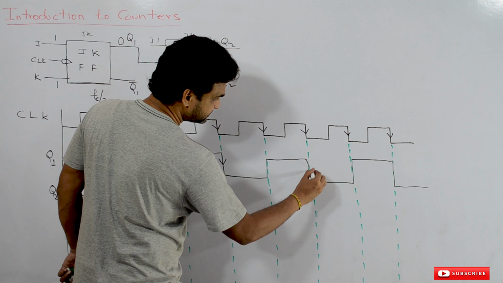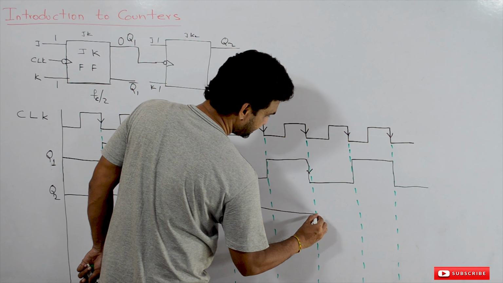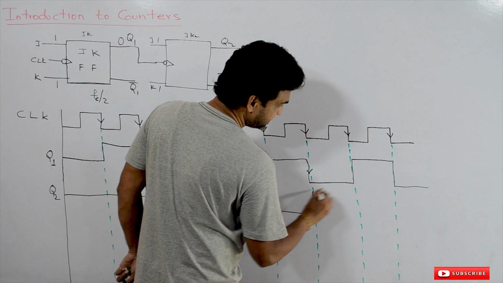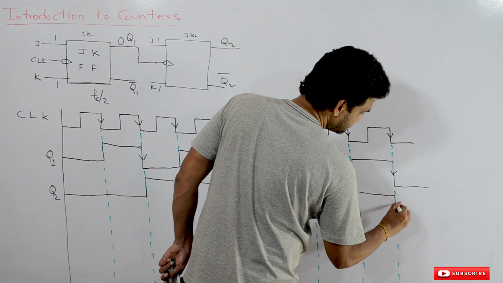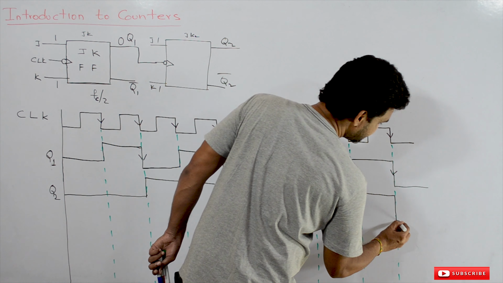Similarly, next it will happen here. Here it is going to toggle again, from 0 to 1. Similarly, here it will get toggled from 1 to 0. This is how Q2 will get generated.